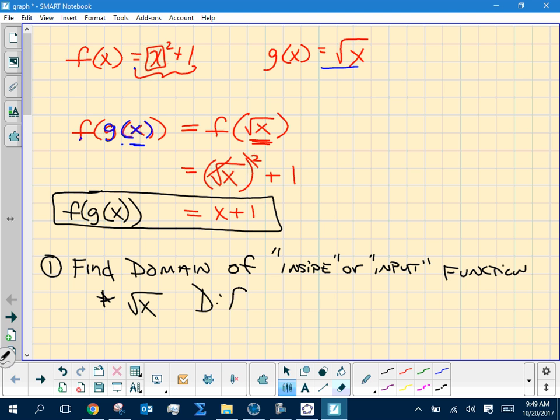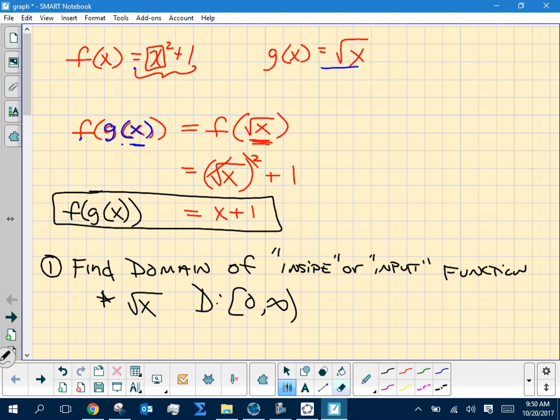Again, 0 to infinity. Okay? So what that tells us right now is that those are the only types of numbers that I can actually plug in as the first input to get my first output. Those are the only numbers that are going to give me an output that I can then plug into f.